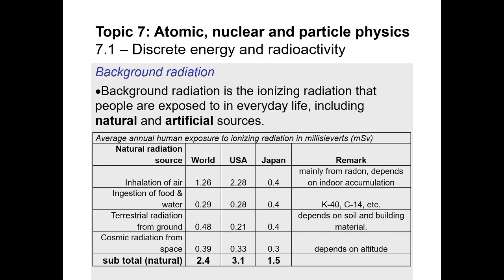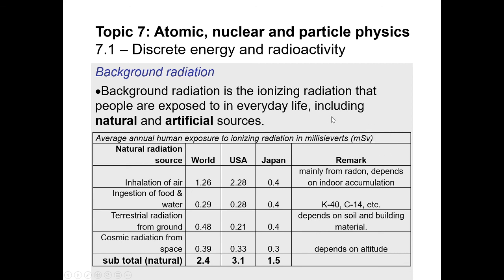So the table on this slide refers to ionizing radiation from natural sources. Well, we've got irradiation just in the air. So you can see the air in the United States is quite bad. It's rated at 2.28 versus 0.4 in Japan. Japan's air is very, very clean. Now, where does this come from? Mainly from radon. Now, all of these numbers are measured in a unit called millisieverts.